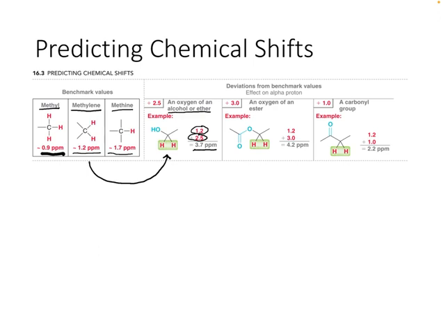Now let's say we have that same methylene group, but instead of being next to an alcohol or an ether, let's say it's next to an ester. We're going to add 3.0 to our expected 1.2 value, and that gives us an approximate value of 4.2 parts per million. So that's where we would expect that type of proton to show up.